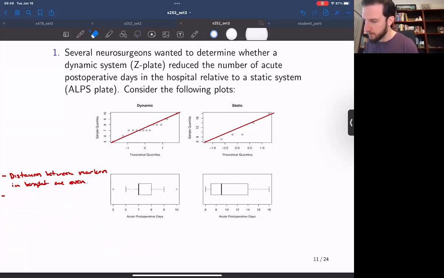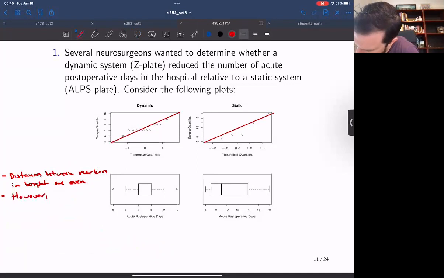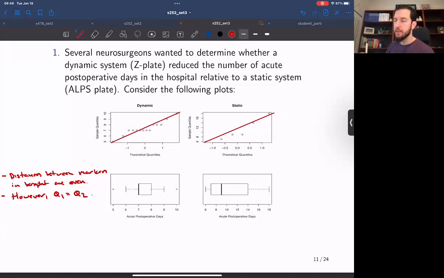That's not so much an issue, except we can say here, however, Q1 is equal to Q2. So the median is equal to the first quartile in this box.